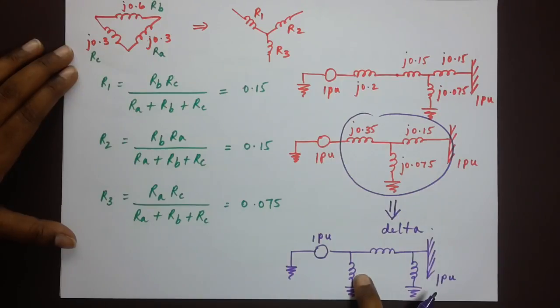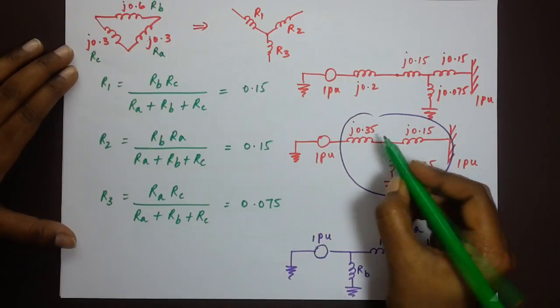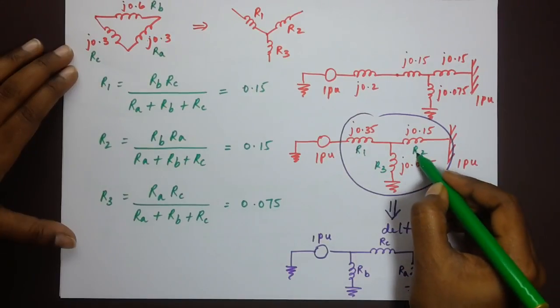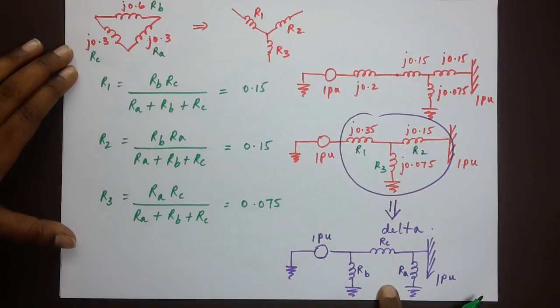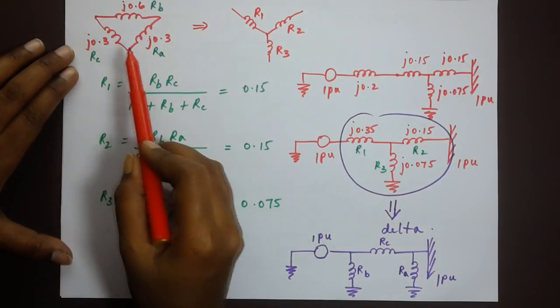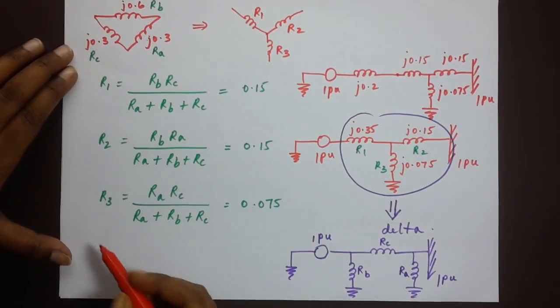So we need the values of these 3 impedances. Let's call these RA, RB, and RC, and the values of the above circuit R1, R2 and R3. We are converting that using this formula. You know how to do it from delta to star, but now we have to do star to delta transformation.